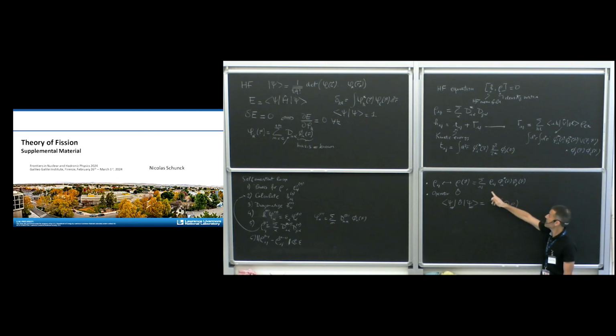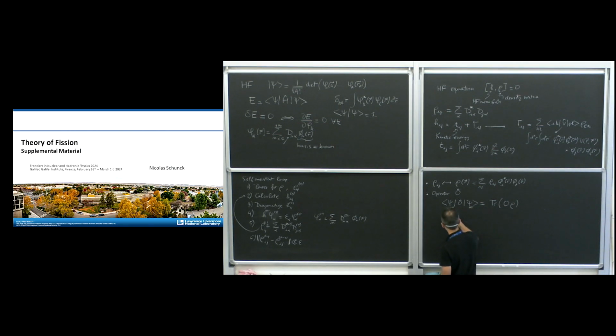So if you have the density in whatever basis you decide to use at the beginning, once you have fully determined this density, once you choose an operator that you're interested in, let's say the radius, this is just one example.